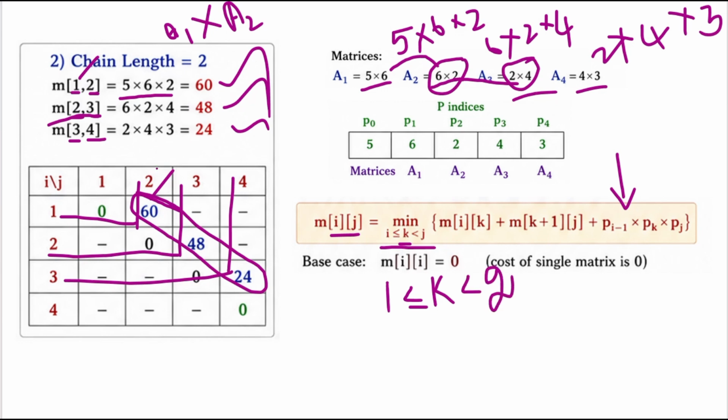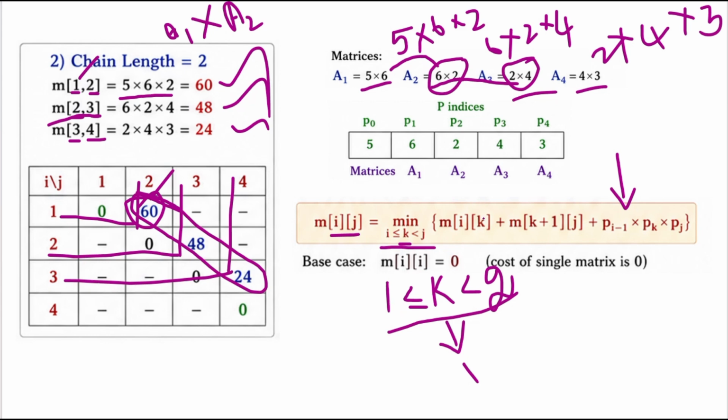For this cell, i,j is 1 and 2. So what is the k value here? k is 1 less than or equal to k less than 2. The k value is 1 here. Sorry, not 0. The k value is 1 here. Based on this condition, we take the k value, right? 1 less than or equal to k less than 2. So the k value is 1 here.